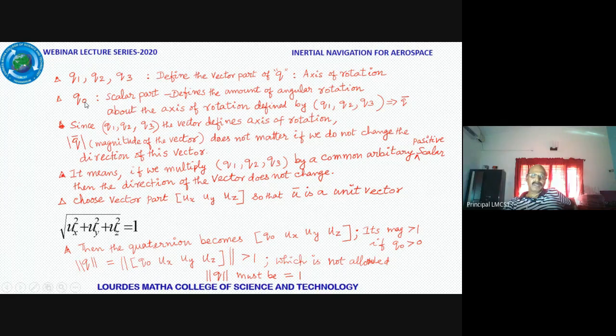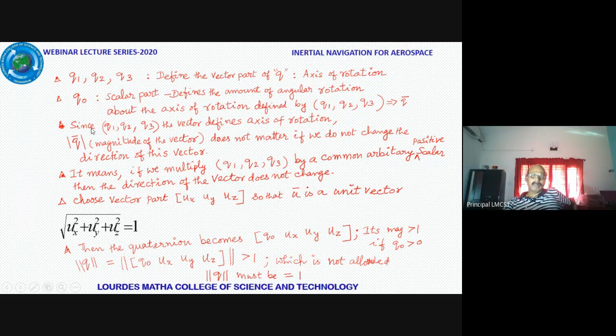And then this Q0, the scalar part, defines the amount of angle to be rotated about this axis for the entire coordinates. Okay. Now Q0 is the angle of rotation about the axis defined by this vector, which I am calling the axis of rotation.